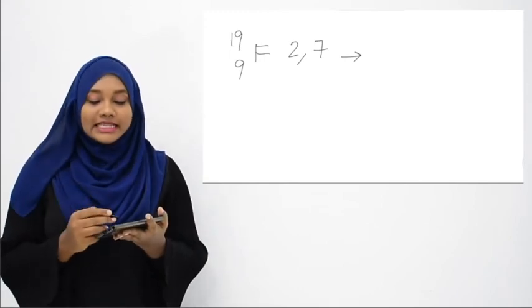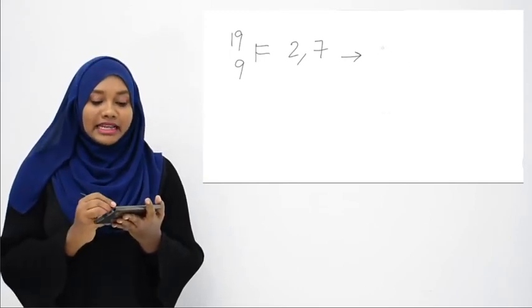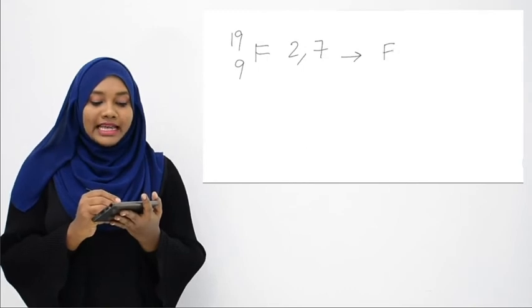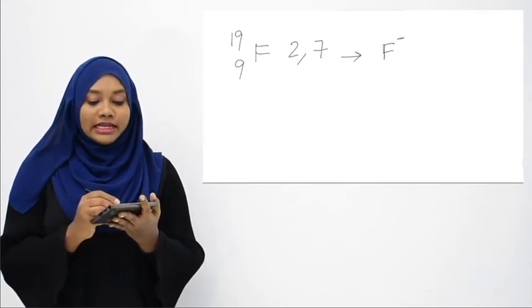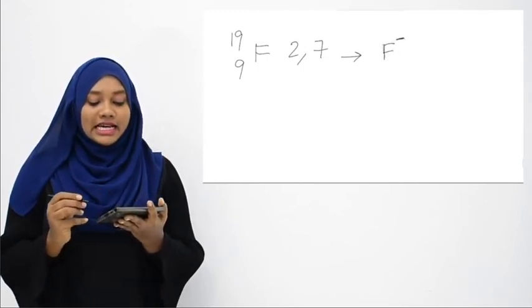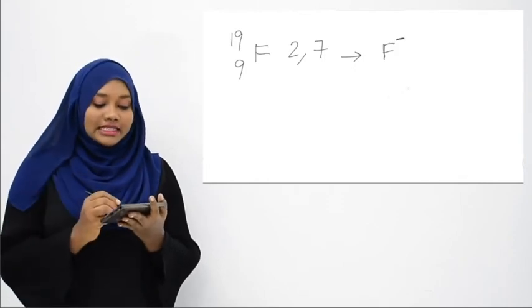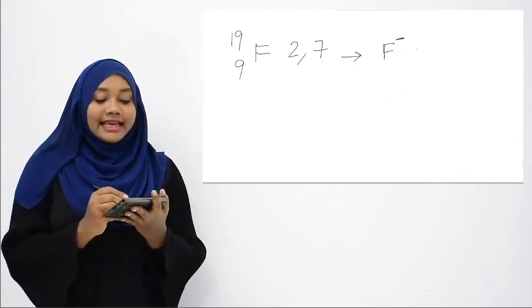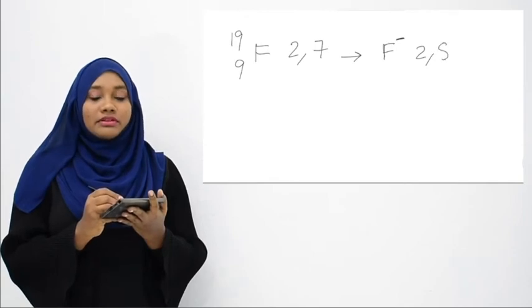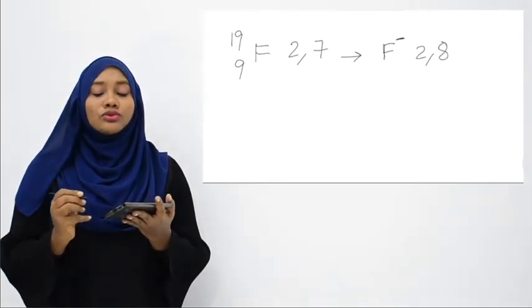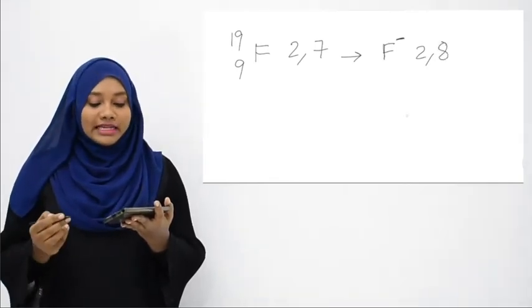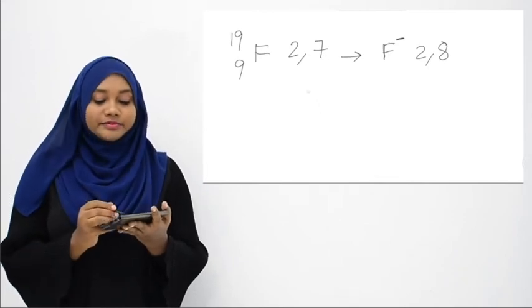It would be easy, right? Just 1 electron will be added, and the ion of fluorine has a charge of F-, just F-, and the electronic configuration is 2, 8. You know why it is 2, 8, right?